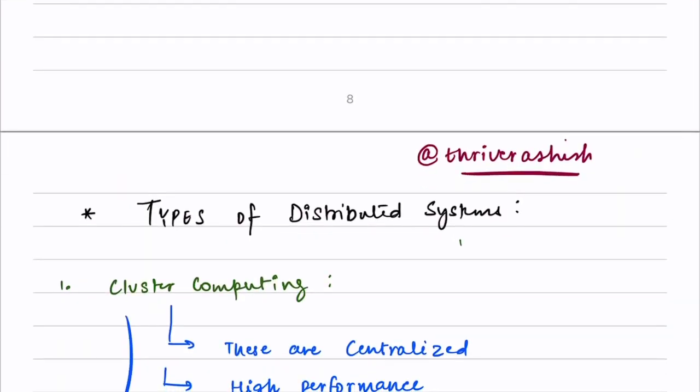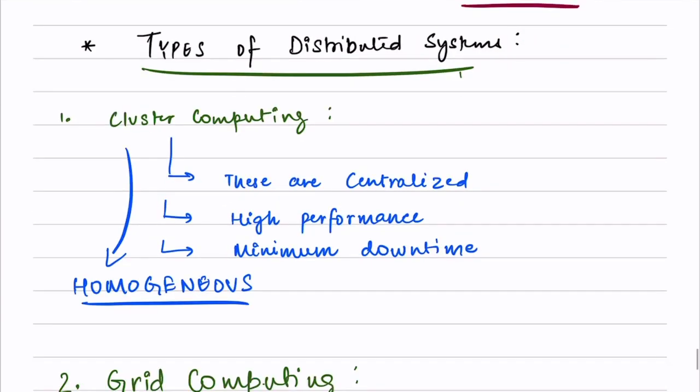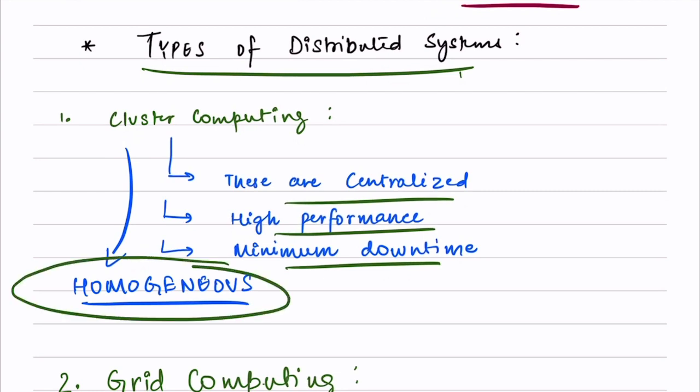Now let's discuss some types of distributed systems. The first type is cluster computing, which is kind of centralized, has high performance and minimal downtime. You can call them homogeneous systems.